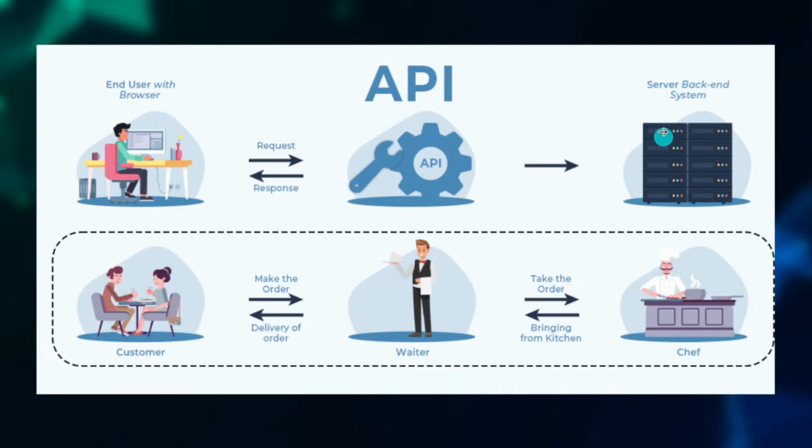The server responds, and the API gives the response back to the end user. This is the process of API. API is an intermediate that connects different software and passes the data.